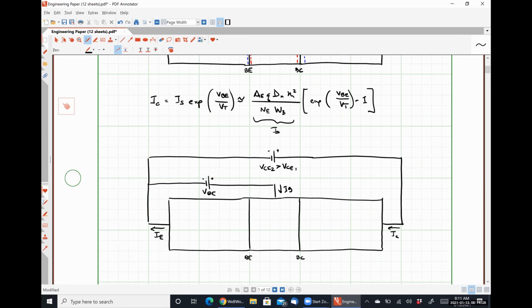So we are applying a larger reverse bias voltage to the base collector junction.